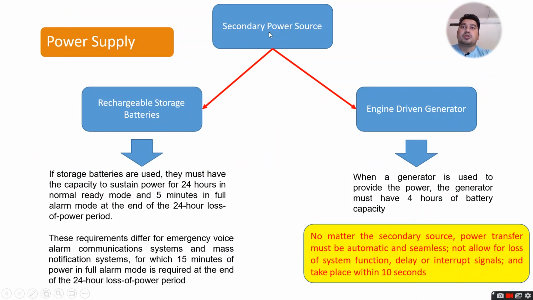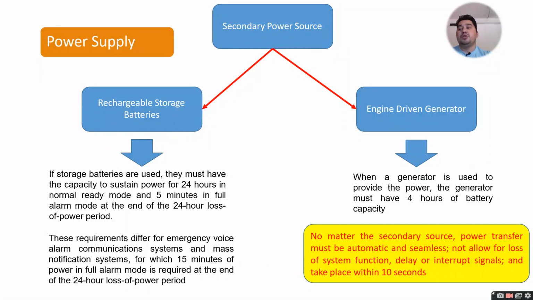Power supply, secondary power source: rechargeable storage batteries and engine driven generator. If the normal power source is not working, there should be rechargeable storage batteries and an engine driven generator. If storage batteries are used, they must have the capability to sustain power for 24 hours in normal ready mode and 5 minutes in full alarm mode at the end of the 24-hour loss of power period.